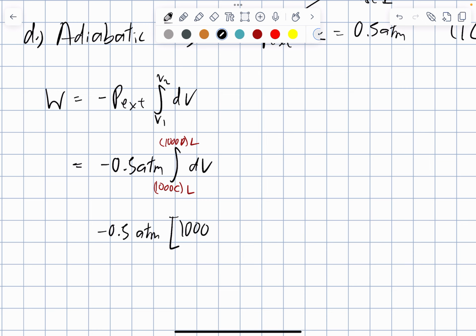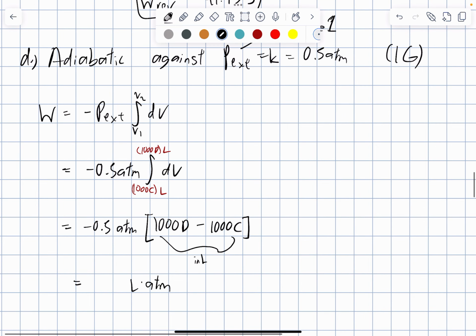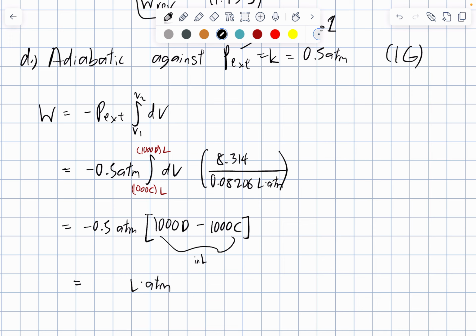So in other words, 1,000 D minus 1,000 C. These are all expressed in liter. So basically, the unit is liter atmosphere. Remember, in the instructions, we are told to convert, our work is supposed to be in joules. So here we convert 0.08206 liter atmosphere. And then here, 8.314 joules. That is our conversion factor, no?